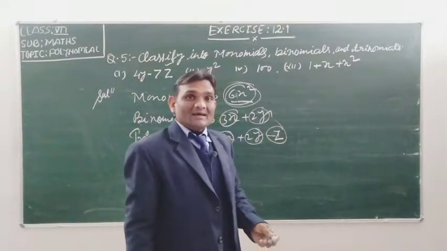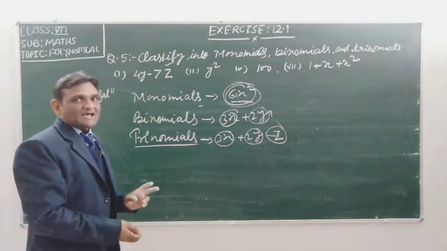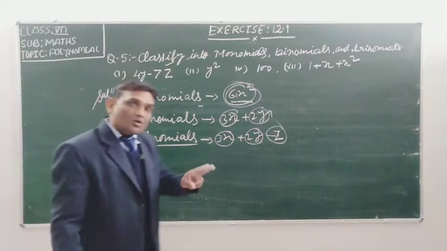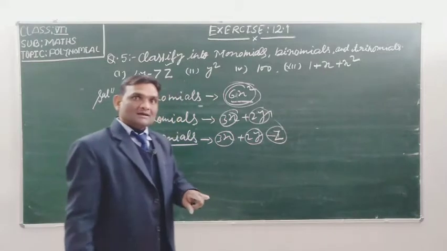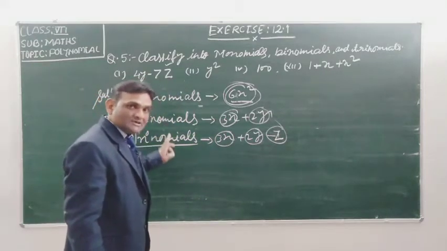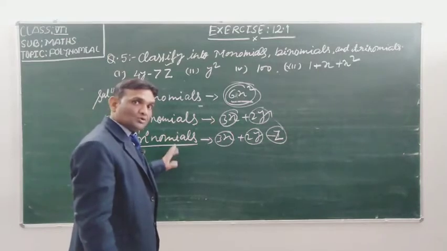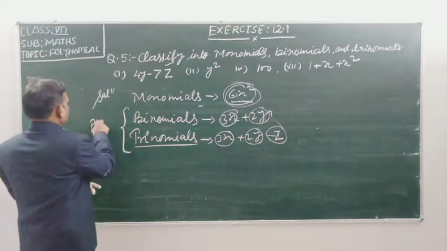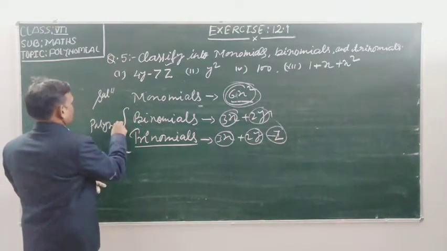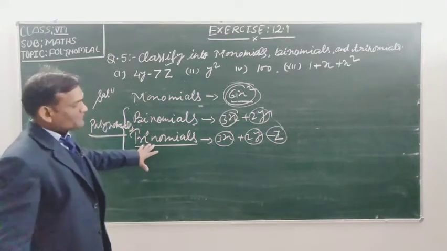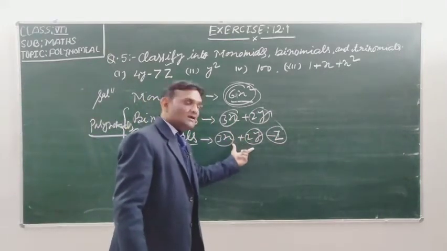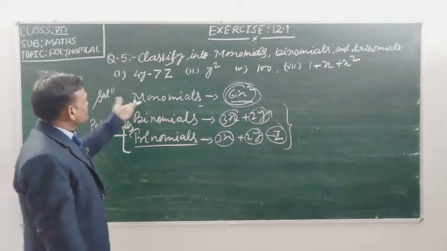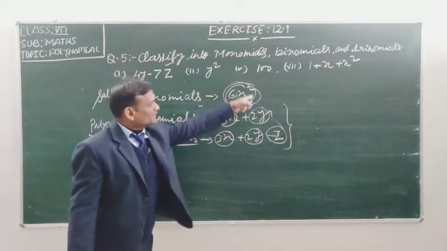Polynomials, such expression which has two or more than two terms, that algebraic expression which has two or more than two terms are called the polynomials. इसमें 2 है, इसमें 2 से ज्यादा है, सो इनको आप say polynomials. And this is the monomials which has only one term.